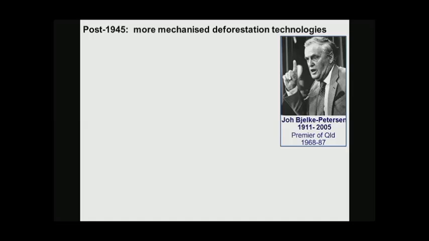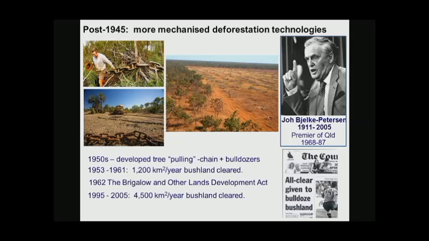Perhaps infamous now for his government's questionable actions, but perhaps should be better well known than he is for actually developing the technique of using a large chain between two bulldozers to clear extensive tracts of native bushland. And he also, in his early political career, the Brigalow and Other Lands Development Act, which encouraged that clearing, gave incentives for it to occur.